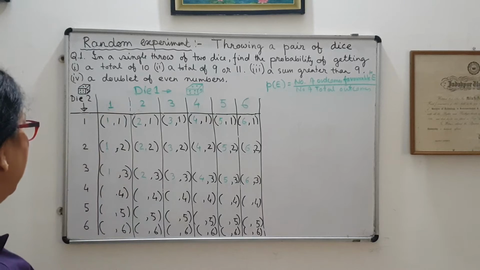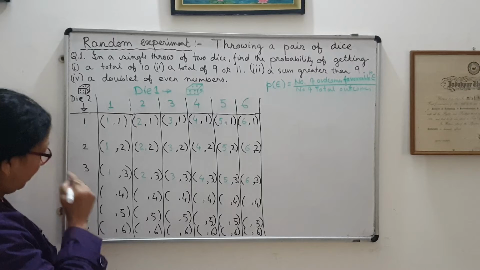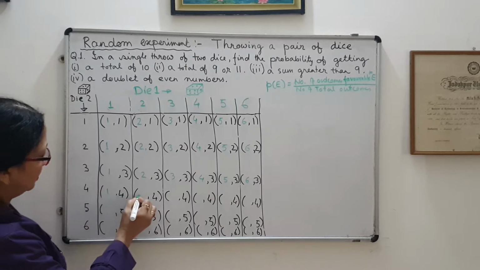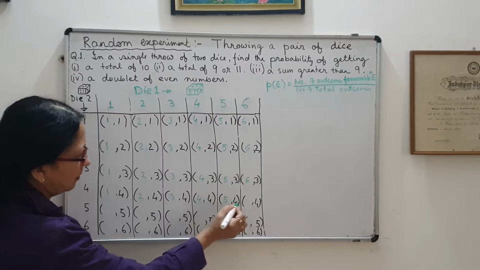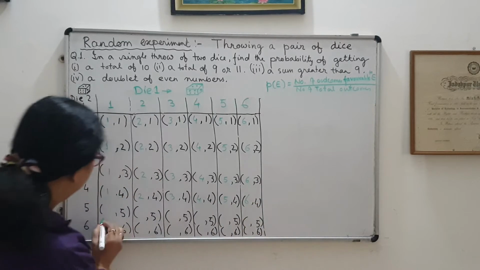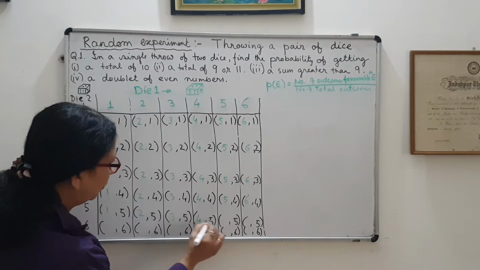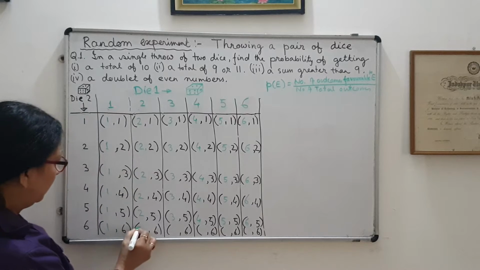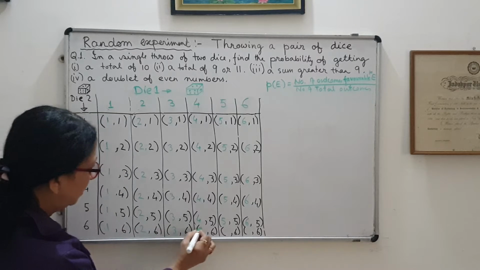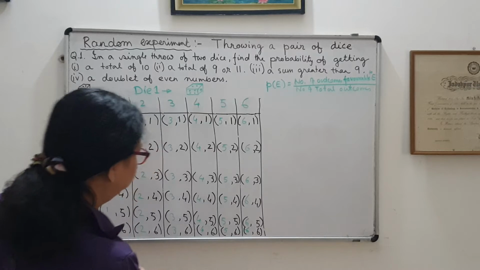Let me fill up the position of the first place. Here it is 1, 2, 3, 4, 5, 6. Similarly here 1, 2, 3, 4, 5, 6. Here also 1, 2, 3, 4, 5, 6.